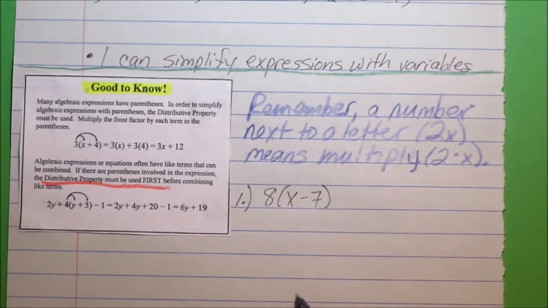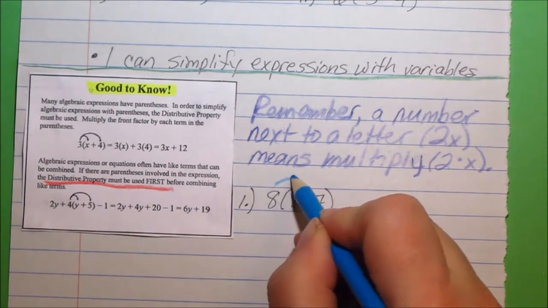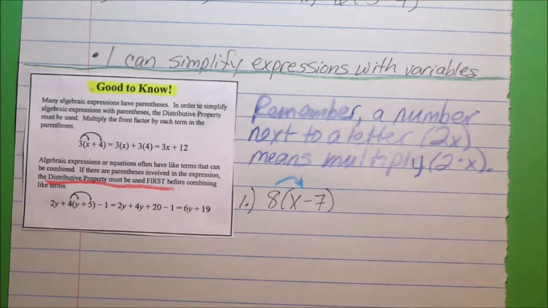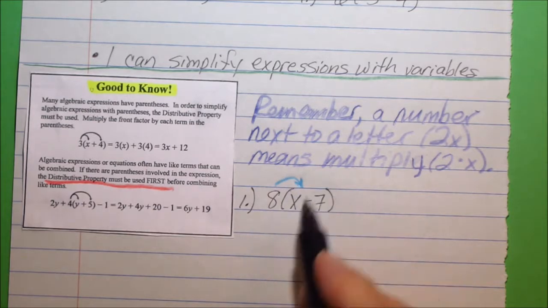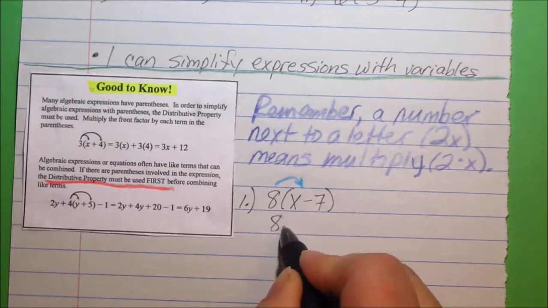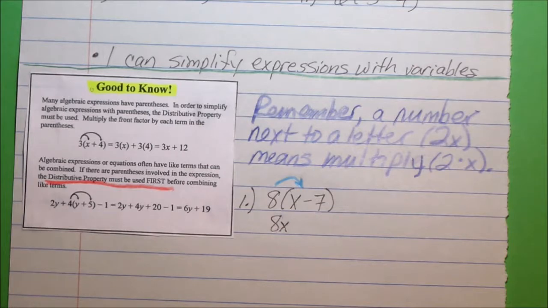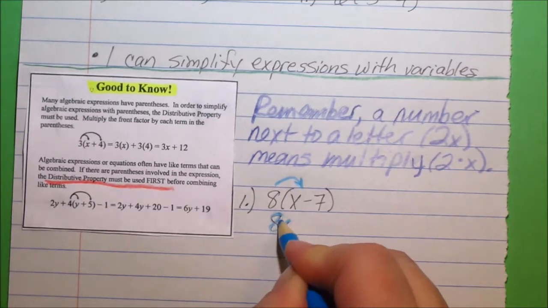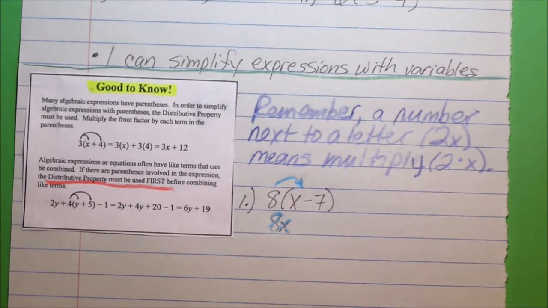All right. Okay, so my first step is to multiply 8 times x, right? Remember our rainbow from 2.6, right? Now, I don't know what x is, so 8 times x is 8x. It's still 8 times x, because I don't know what that is yet. All right? Then we bring down the operation, just like before.